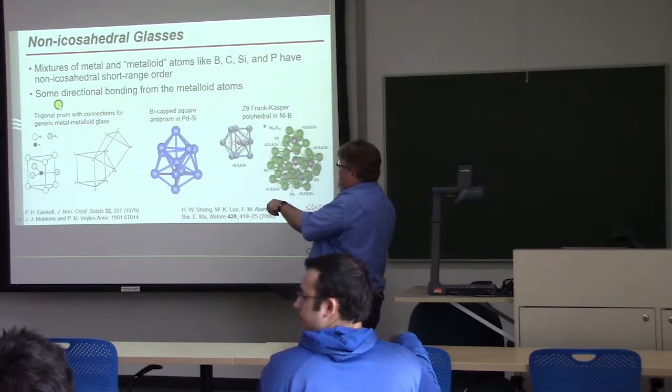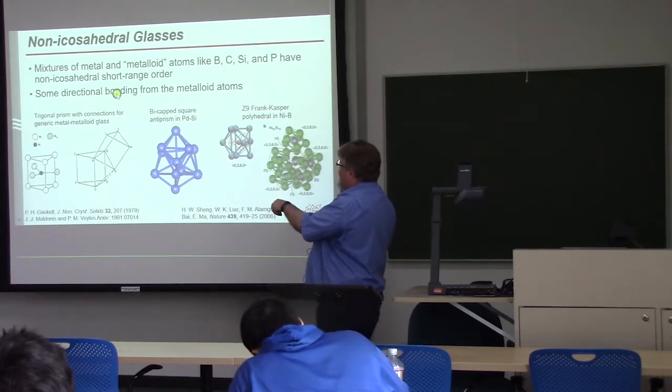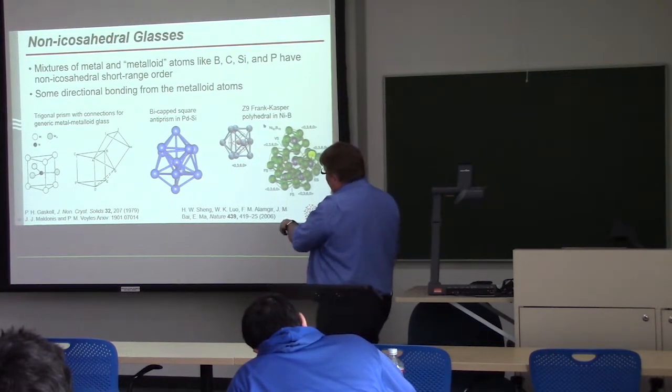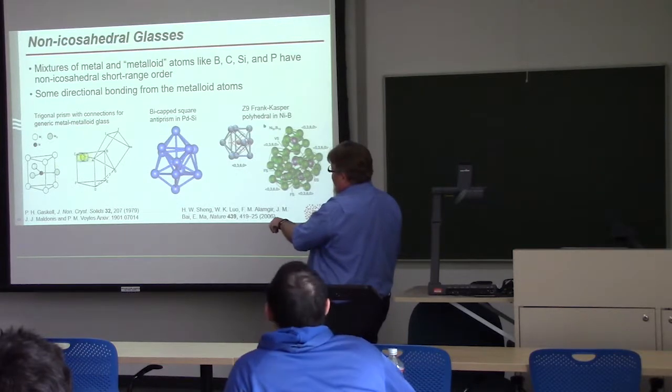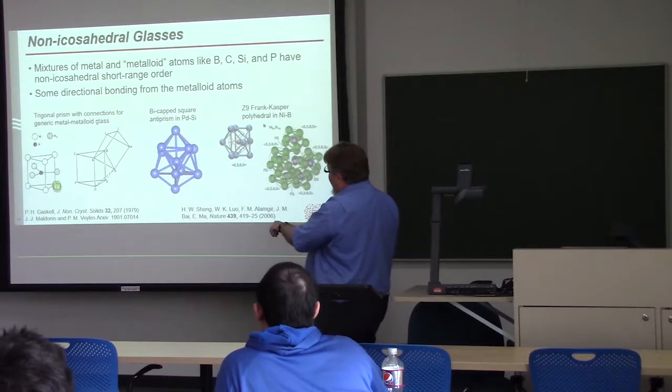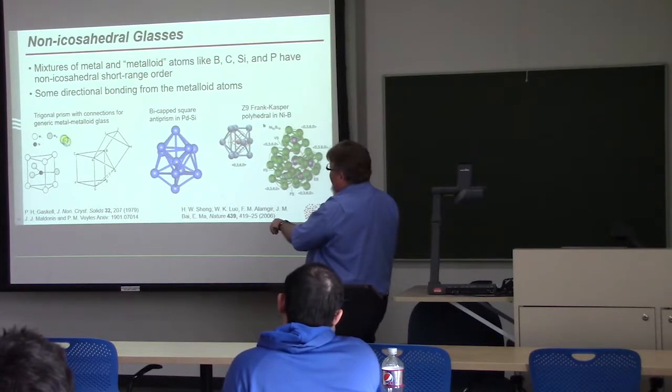That is associated with the directional bonding that comes in from the metalloid atoms, and because of the large size difference between the metals and the metalloids, leading to low coordination numbers. So there's a whole zoo of different polyhedra for different kinds of species. I won't go through all of them except to show you a few examples.